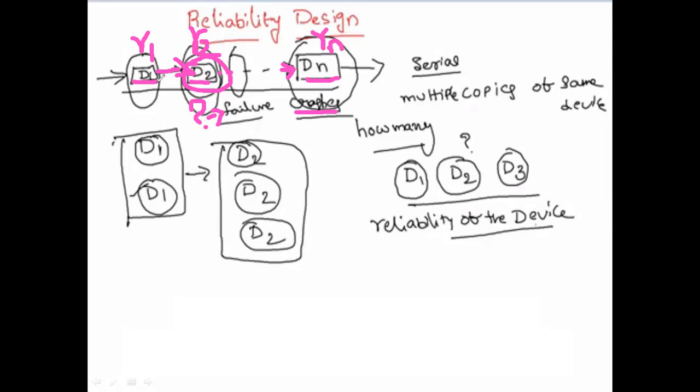Instead of using a single device, we use more than one device in parallel. The operation is copied at the same time in D1 and another device. Suppose D1 fails, we can use the next copy of D1. So we make multiple copies, and whenever one device fails, we use another copy of the same device.